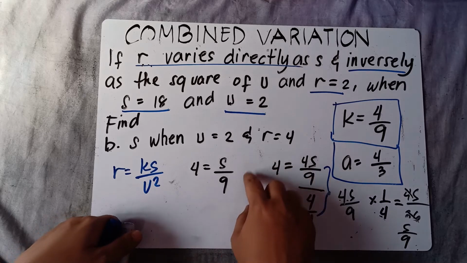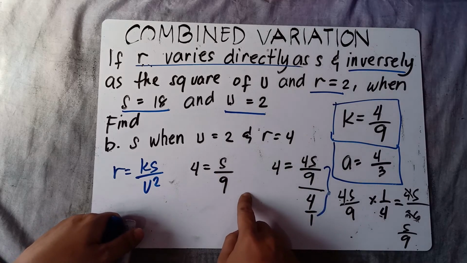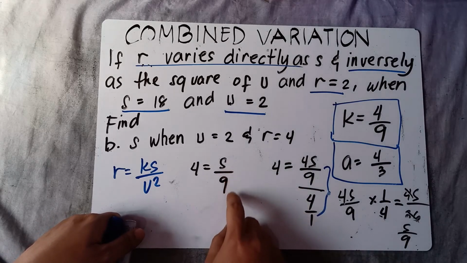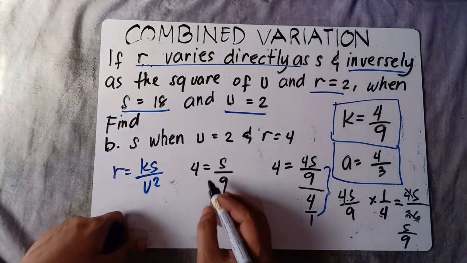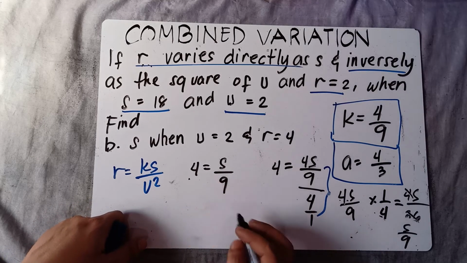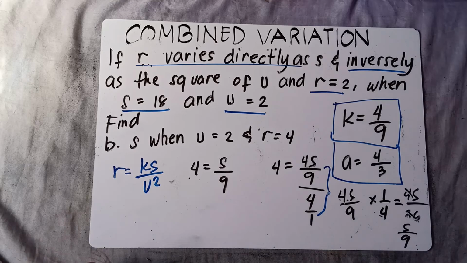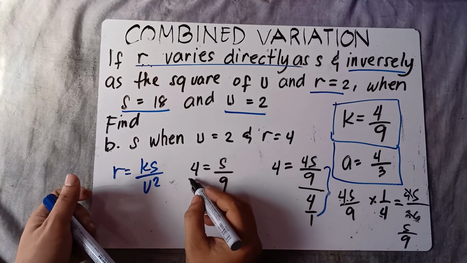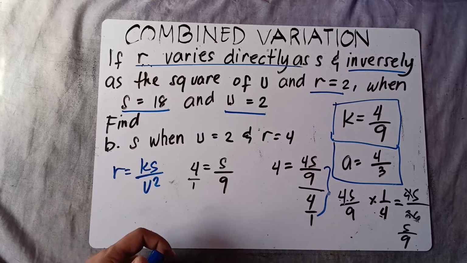So you can multiply both sides by 9 to get the value of S, or you can do cross multiplication. We do cross multiplication because most of the students are used to it. Understood that 4 has a denominator of 1.